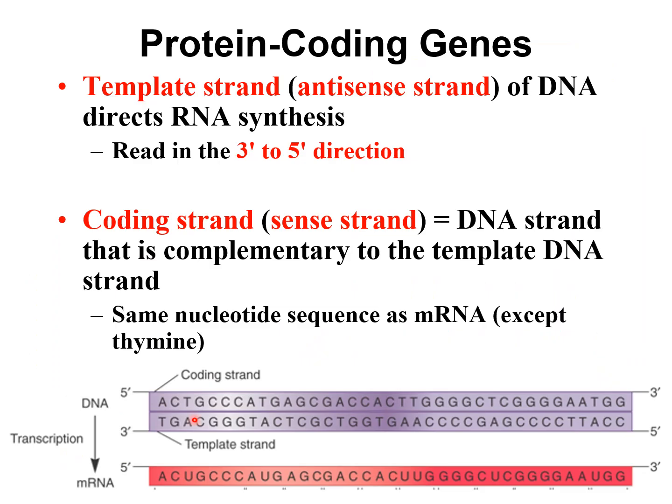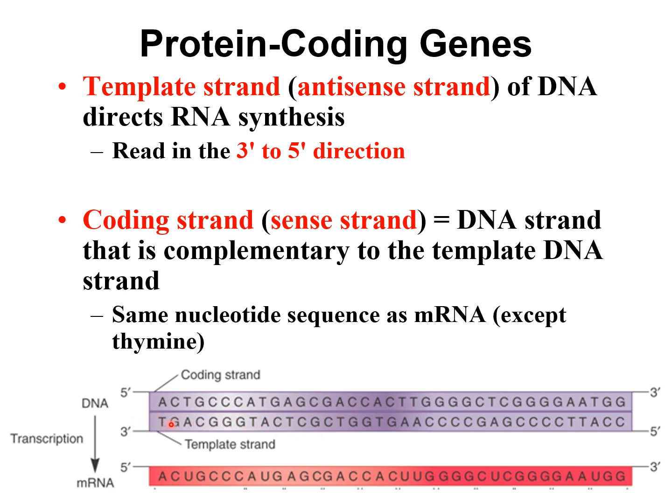Okay, we have a couple of terms here. When we talk about the two strands of the DNA, we've got the template strand, which is the one that we're going to use as our template to transcribe and make the messenger RNA from. The template strand we're going to read in the 3 to 5 prime direction.